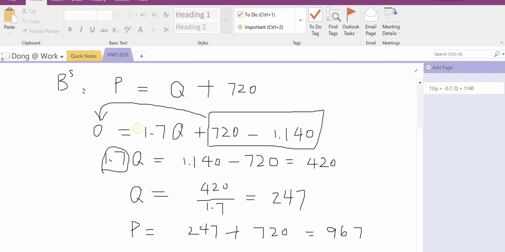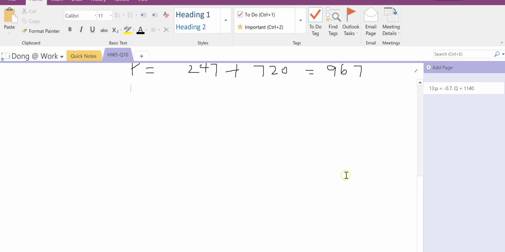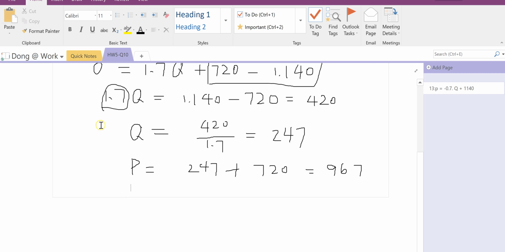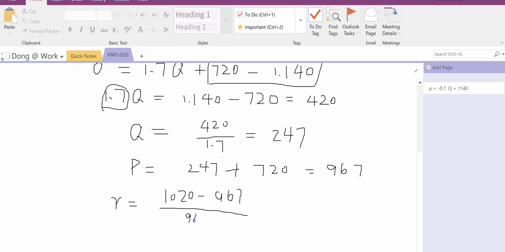So you buy at this price. The return here will be given by the interest rate R. That's 1,020, how much you get when the bond matures, minus this price 967. That's basically your capital gain, and then divided by the initial investment, 967.